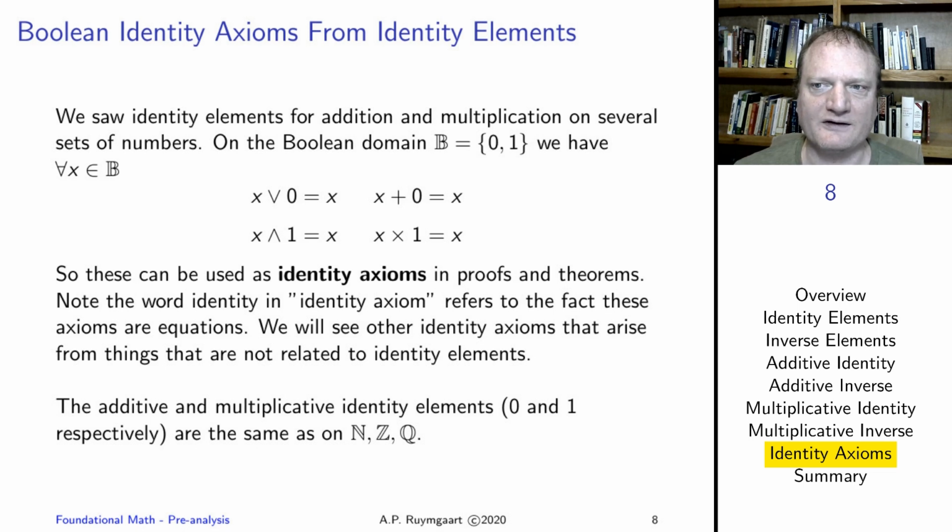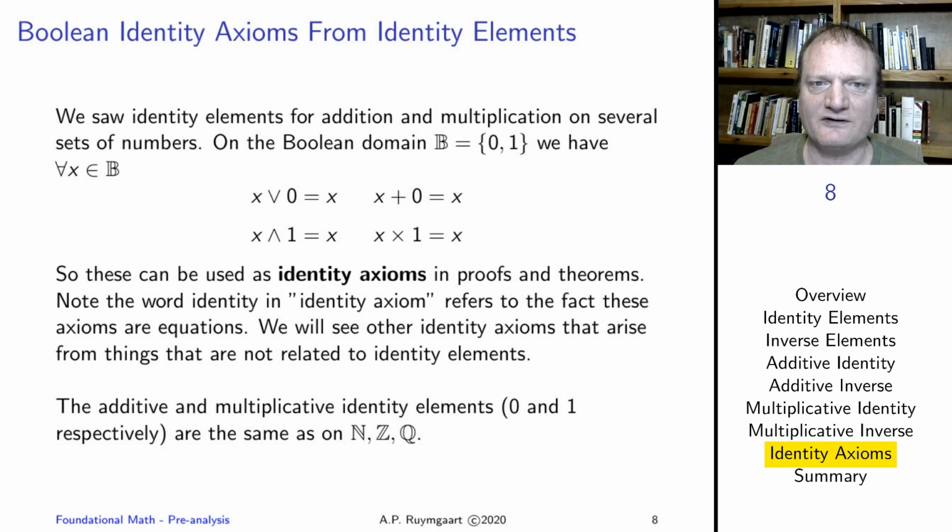We just talked about identity elements, and it turns out that identity elements form 2 identity axioms. Because we know from our discussion of identity elements, let's take a look at the Boolean domain as 2 examples. We know that for all numbers x in the Boolean domain, x or 0 equals x, or x plus 0 using Boolean addition equals x.